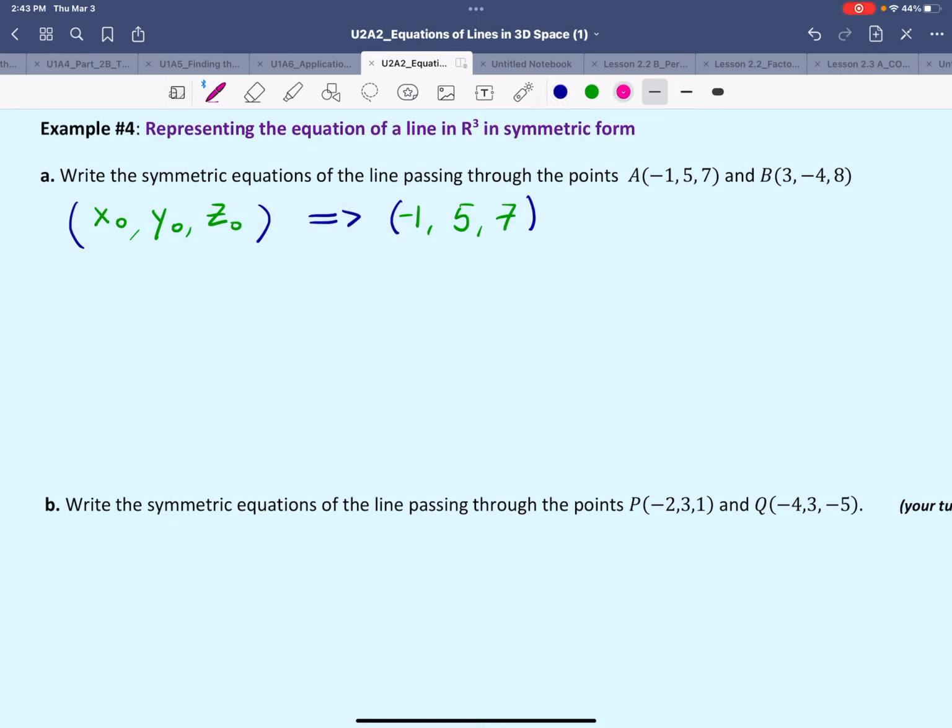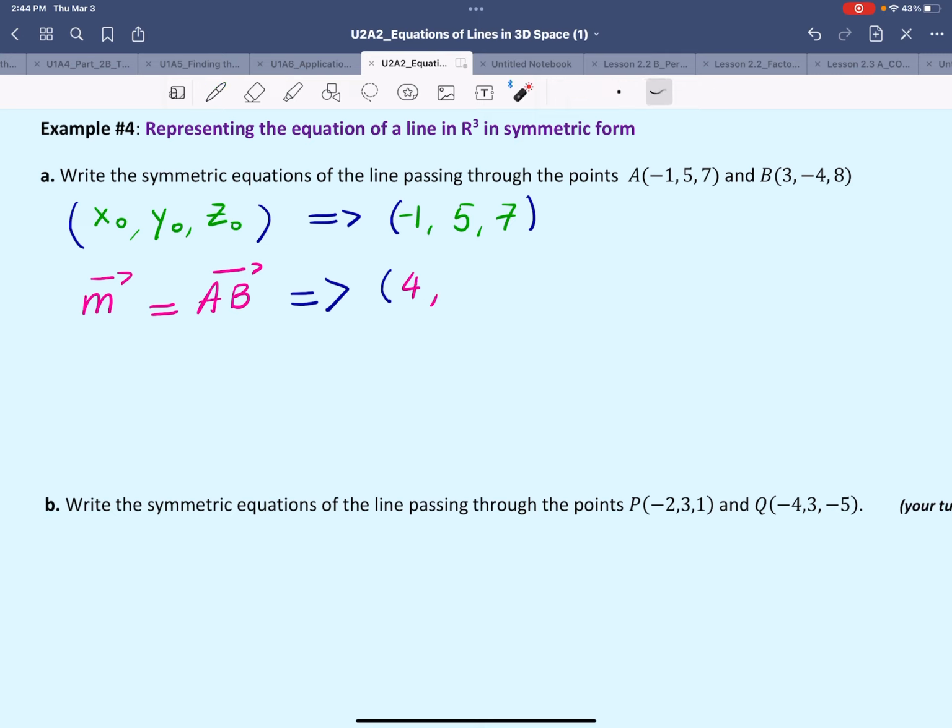Next, we're going to need the coordinates of a direction vector. A direction vector can actually be the exact vector that connects A and B. So I'm going to say it will follow AB because the line has to pass through the points. Now remember that it can be vector AB or any multiple of vector AB. So this would be 3 minus -1, always the endpoint minus the starting point, so that's a 4.